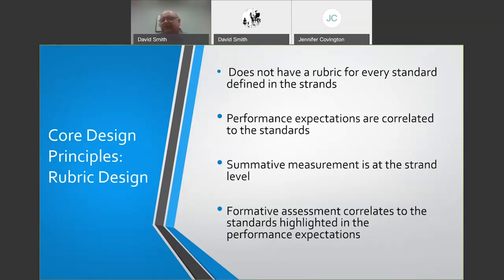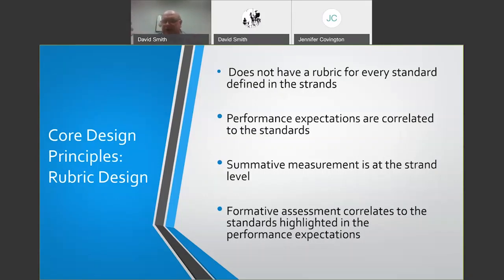So what it allows us to do is to look at a performance expectation in a formative sense and say, here are the standards that this relates to. And then we will have some links for you that will be linked to professional development activities and materials that will help principals who are at a minimal level or a not effective level to improve their performance.